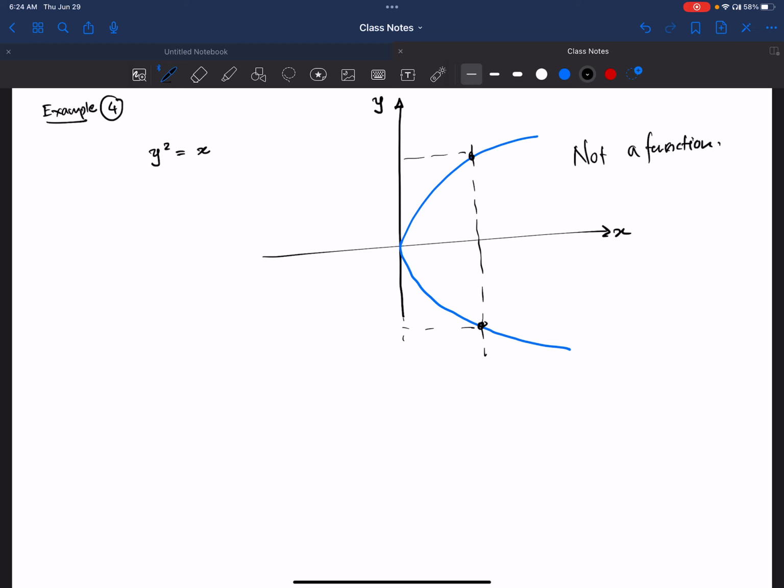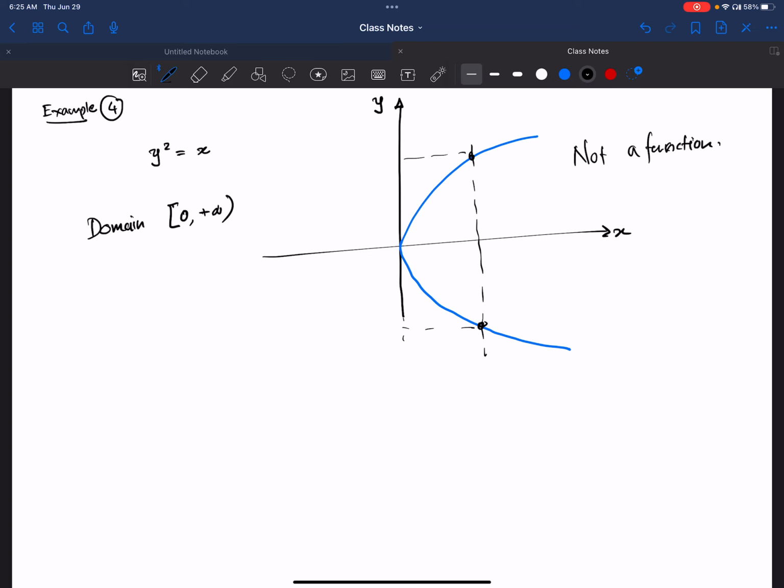But we can get the range and the domain. You can see that all the values of x are positive, so the domain is 0 to positive infinity, because 0 is included.